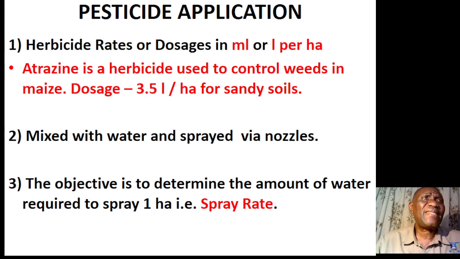So we can mix the pesticide with water and spray the water via nozzles to create these droplets so that we are able to cover 1 hectare. So our objective is to determine the amount of water required to spray 1 hectare, which becomes the spray rate.